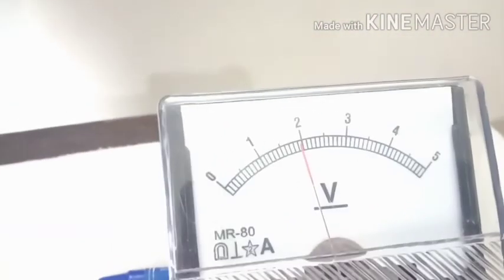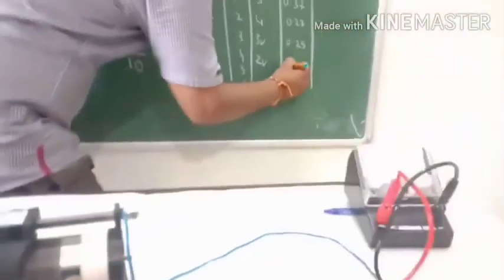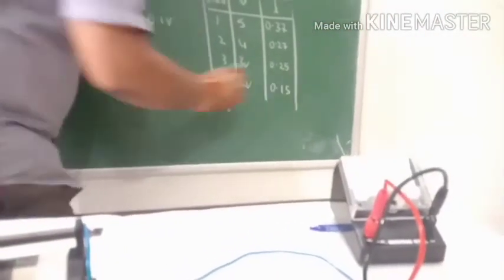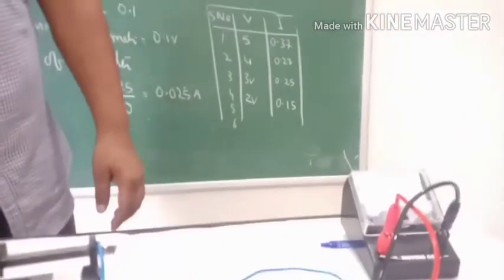Yeah, it is 2 volt. Now what is the corresponding? It means 6 divisions is coming. That means 0.15. Now I am taking 1 volt.